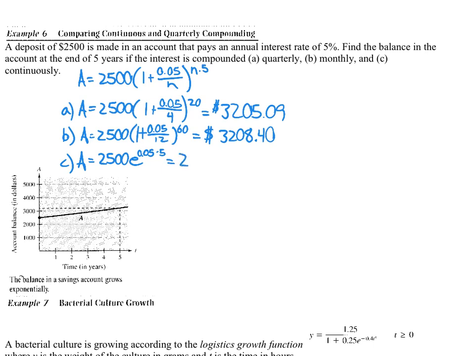Okay, so this is going to be 2,500 times e to the 0.25 when you multiply that. And what does that end up giving us? $3,210.06. Is that right? Okay.